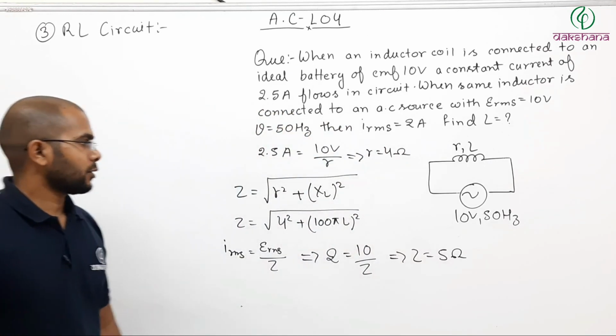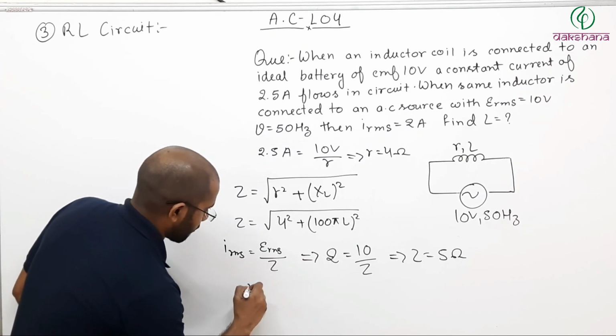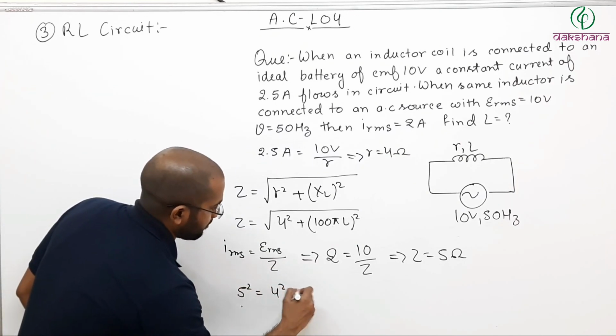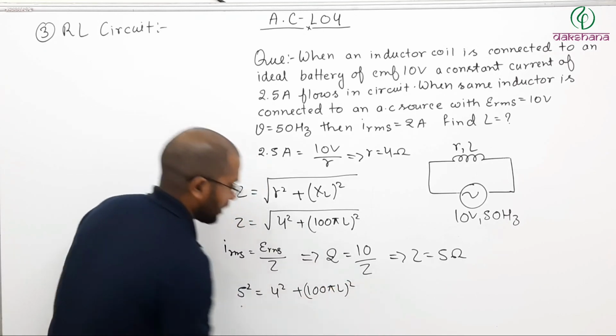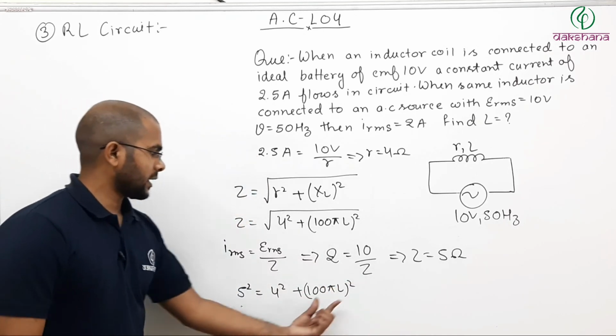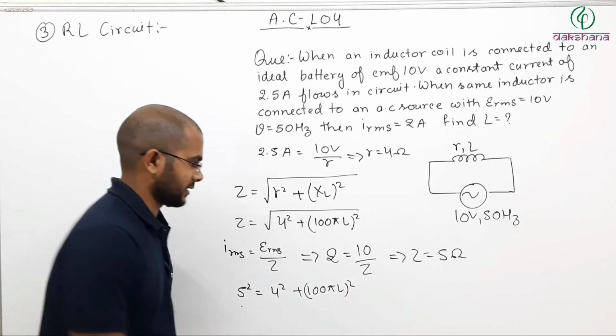So if Z is 5 ohm, 5 square equals 4 square plus 100 pi L square. So 100 pi L square will be nothing but 25 minus 16, that is 9.